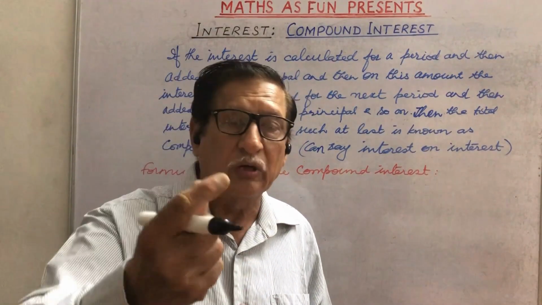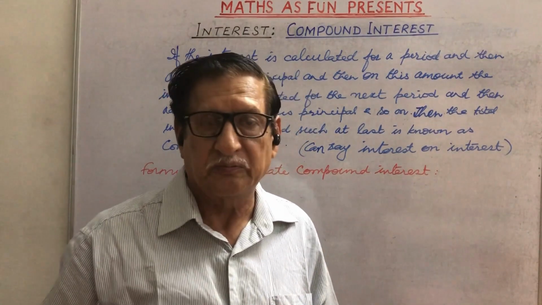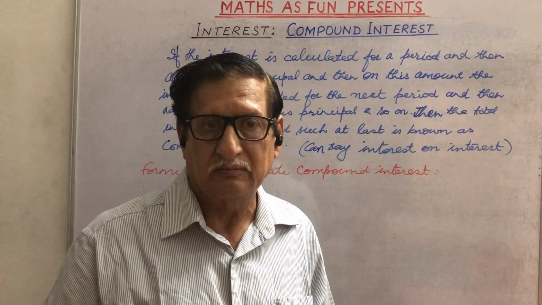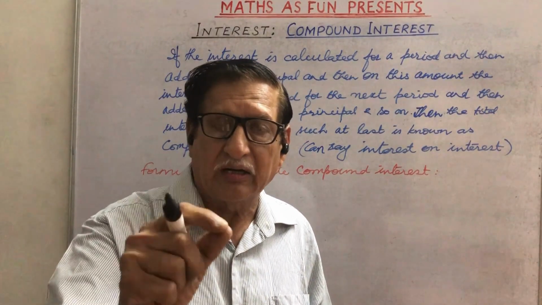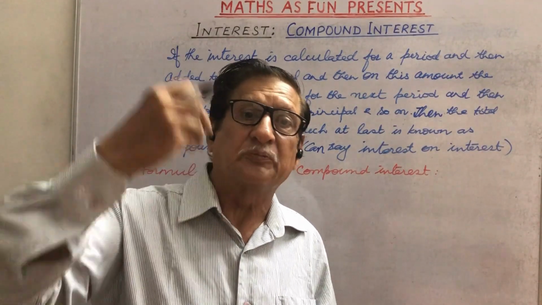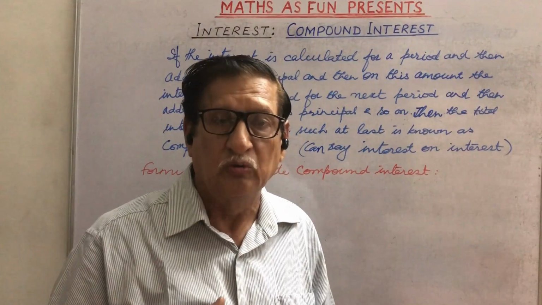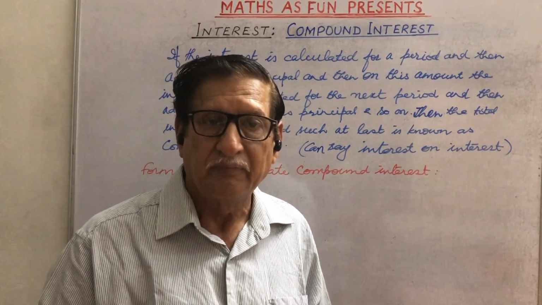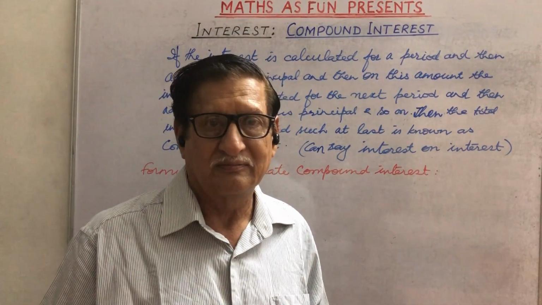On that we calculate the interest and then add it to the principal which came for the second period. After adding that, whatever amount we get becomes the principal for the third period. And so on, when we continue, the total interest calculated for the entire period is known as the compound interest.